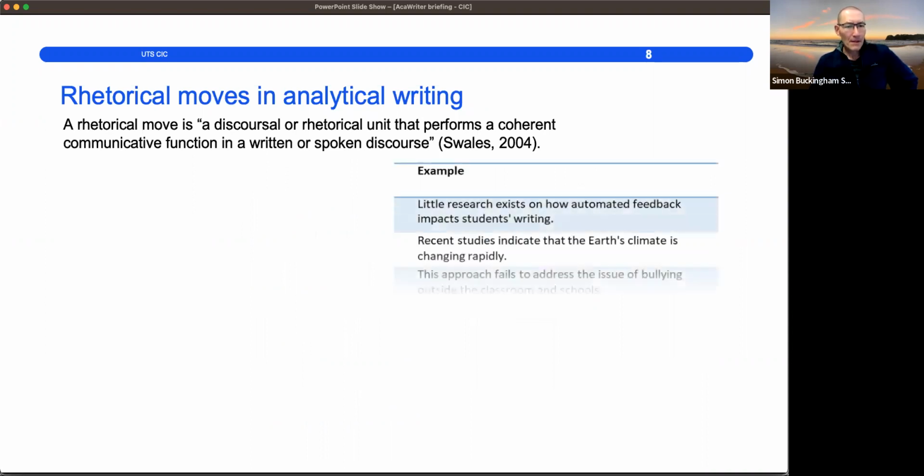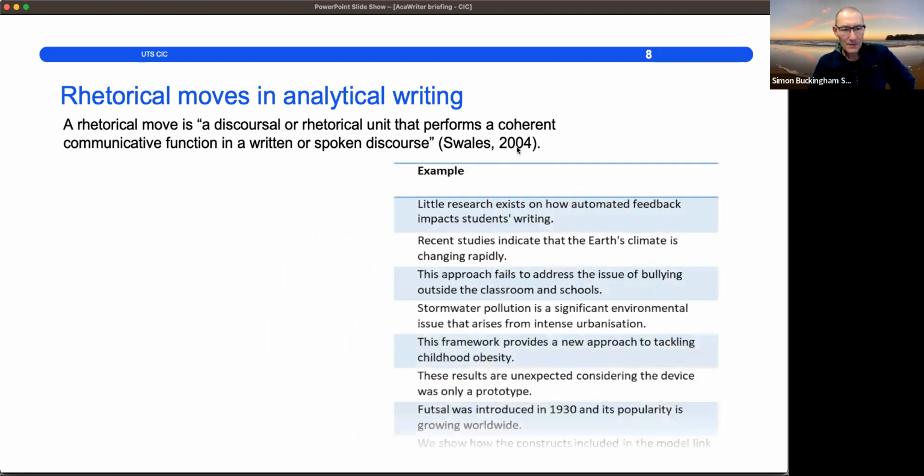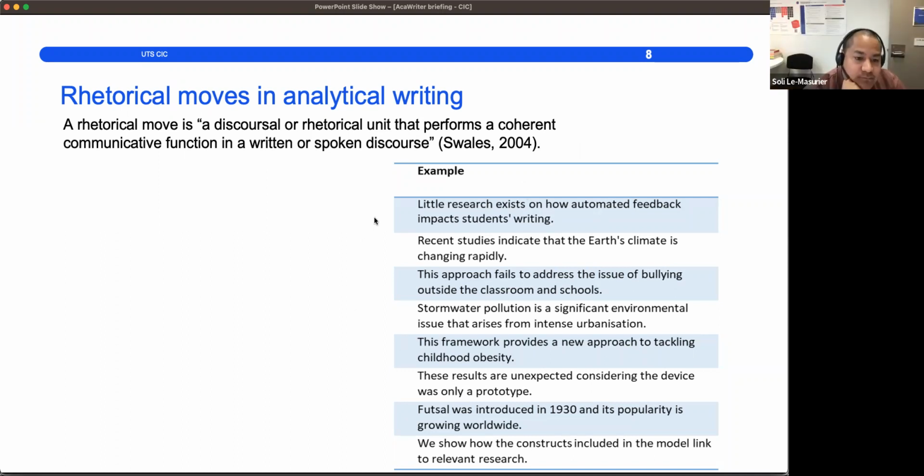Academically, it's been defined by Swales as a discoursal or rhetorical unit that performs a coherent communicative function. That's academic speak for these kinds of things, right? And these will all look very familiar to anyone who is working in academia. These are the kinds of constructions that we often use.